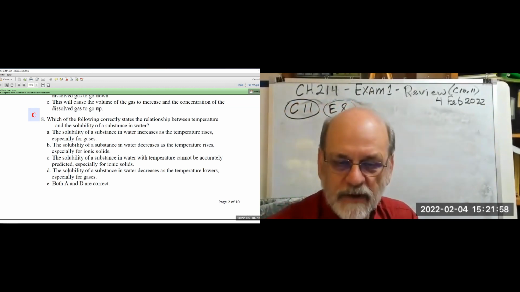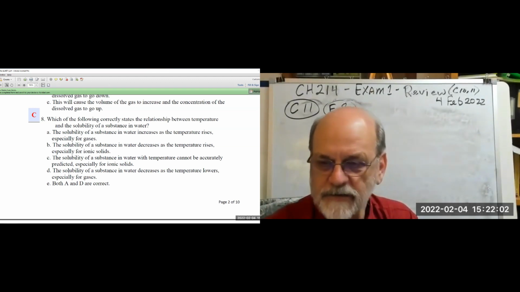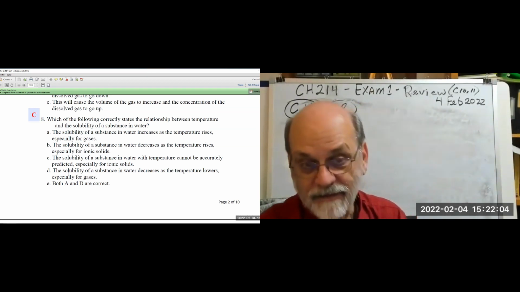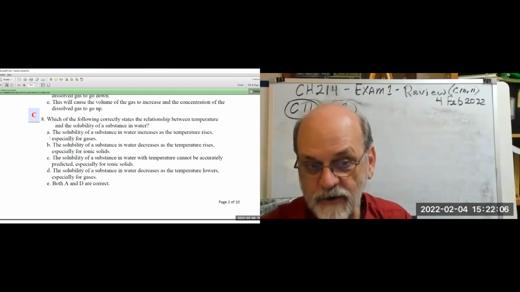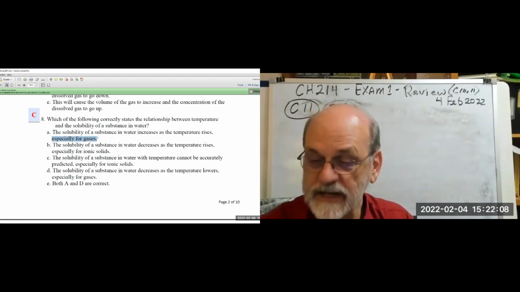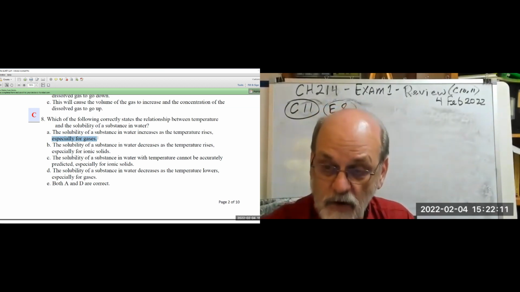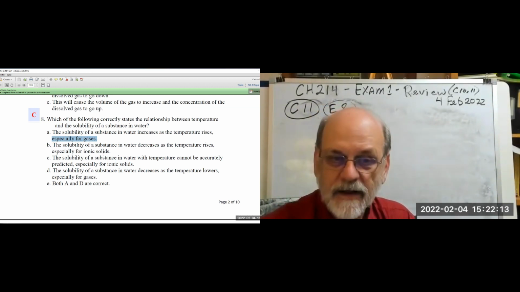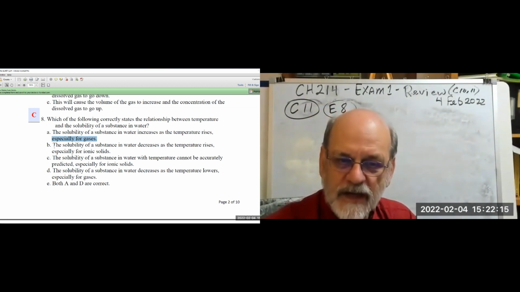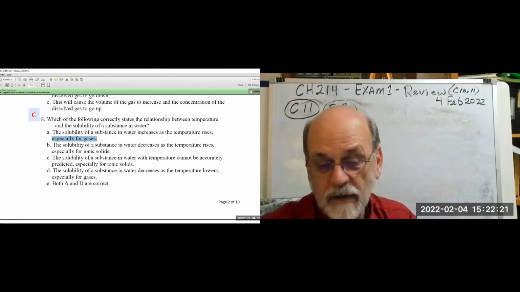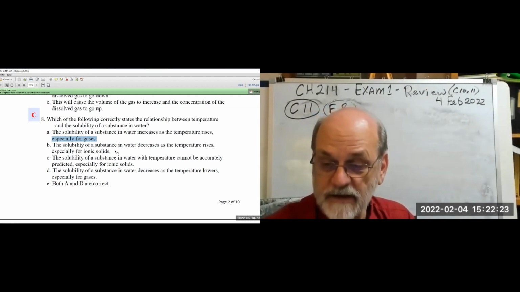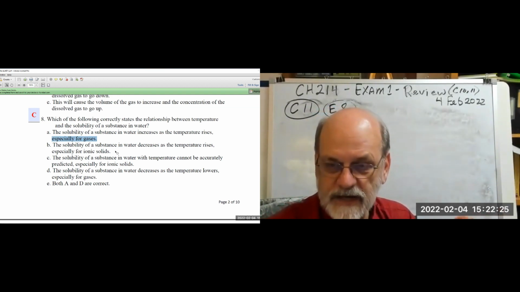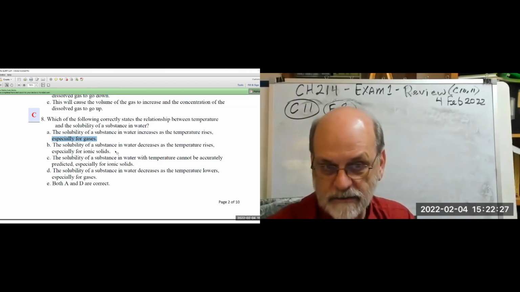A, the solubility of a substance in water increases as the temperature rises, especially for gases. That's the killer. Especially for gases? No. As the temperature goes up, solubility of gases goes down. B, the solubility of a substance in water decreases as the temperature rises, especially for ionic solids. Well, as a general rule, the solubility of ionic solids goes up as the temperature increases, but not always.